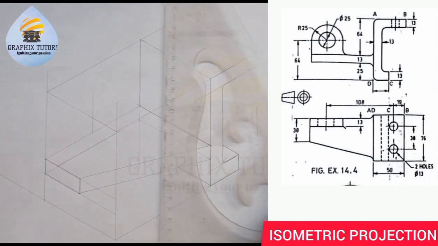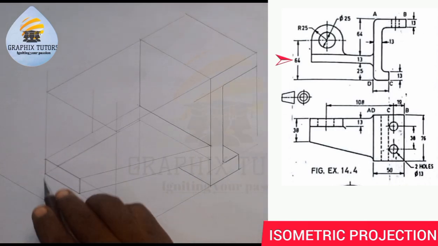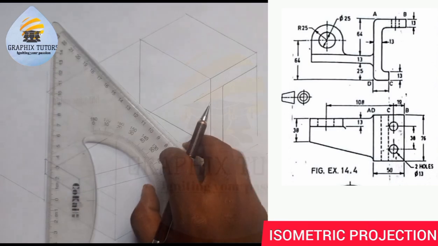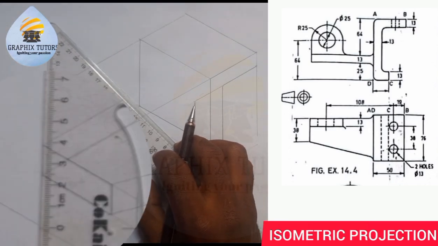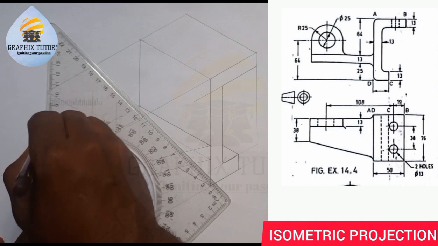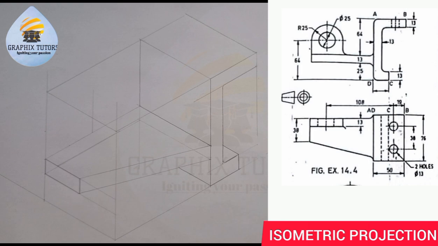Right? And the height from here to the center of this figure, from here to here, is given to be what? 64. So from the baseline here, I'll measure 64. So from 0 to 64 here. That is the height, so I'll close it up there.